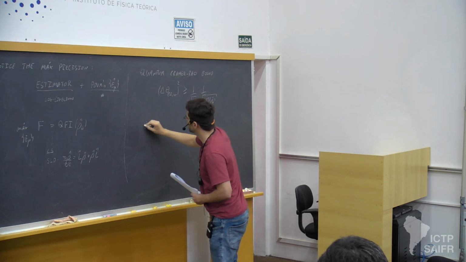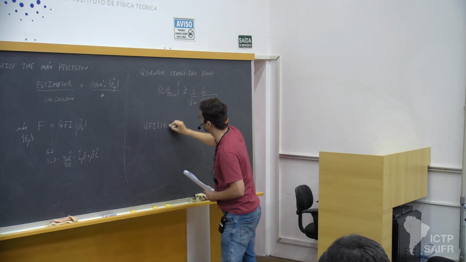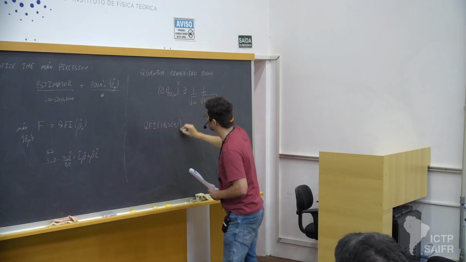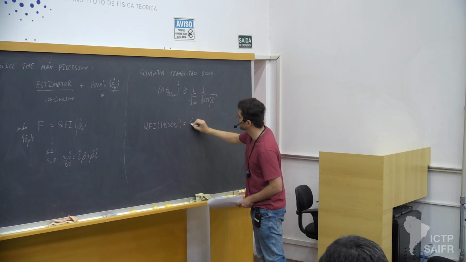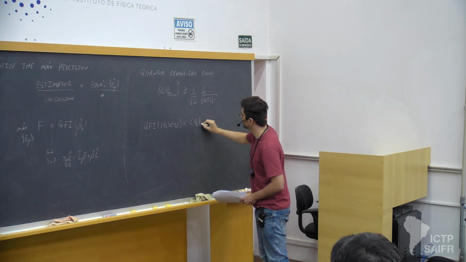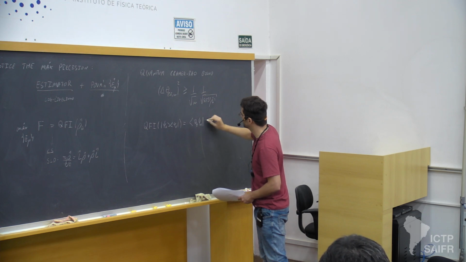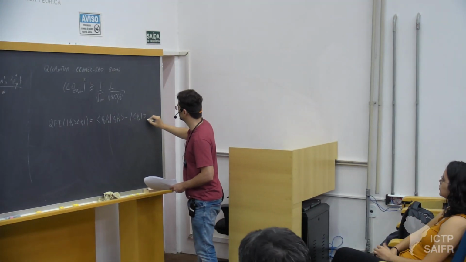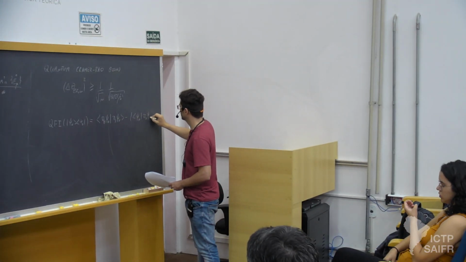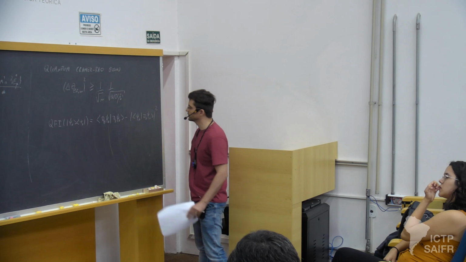The quantum Fisher information for a pure state, for example, it's possible to show for a mixed state too, but for pure it is a bit simpler, is just given by this equation here, where you take the derivative of your quantum state and see how big it is, minus how big the derivative is with respect to the state, squared, okay?